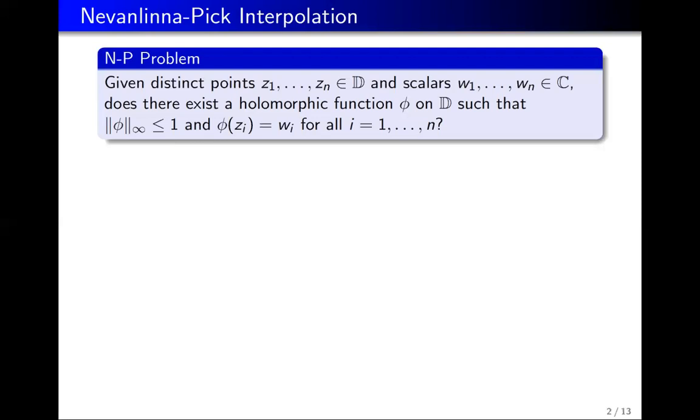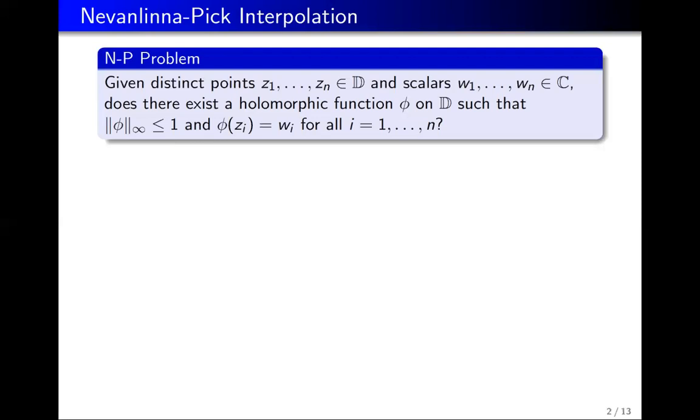In fact, you could take some well-known interpolation polynomial like the Lagrange interpolation polynomial, which will do the job. So things become complicated once you put this restriction that the supremum norm of phi be less or equal to 1. In other words, you are looking for a function from D to D closure, and it interpolates.